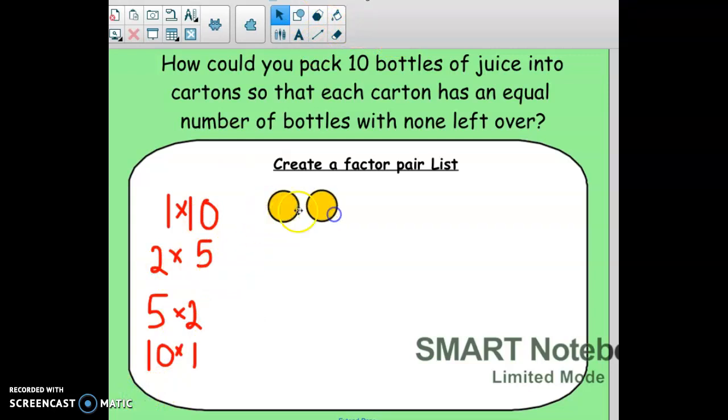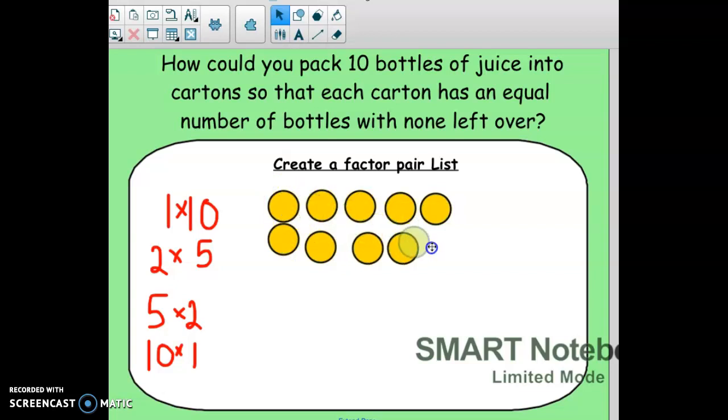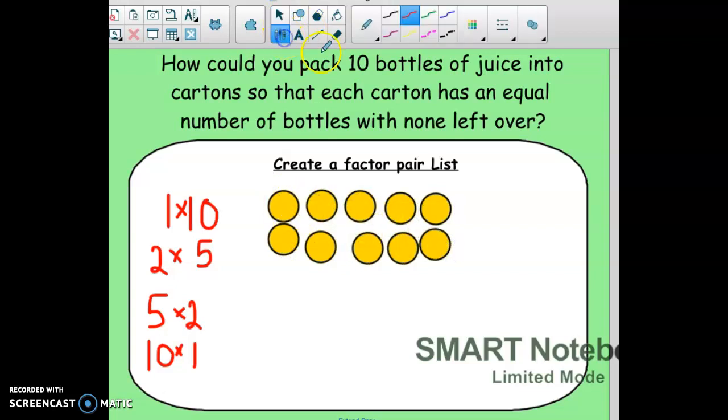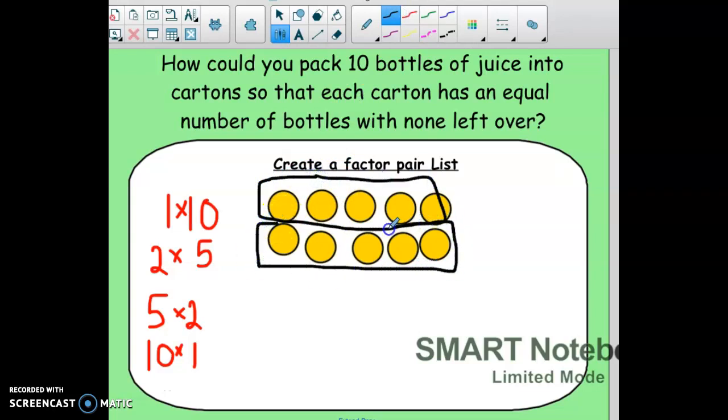So I need 2 groups, and each group will have 5 in it. This might look like an array, or you might have actually drawn the rectangles around them to represent the cartons.